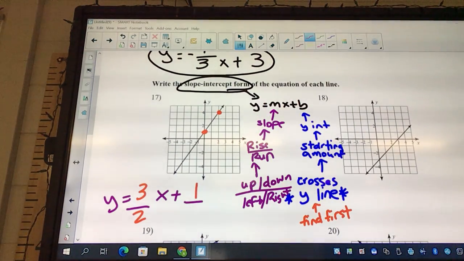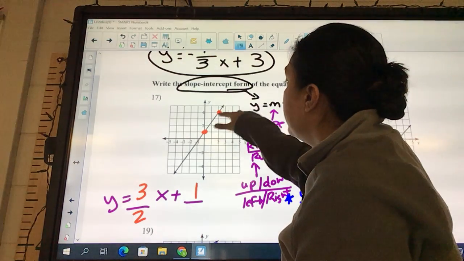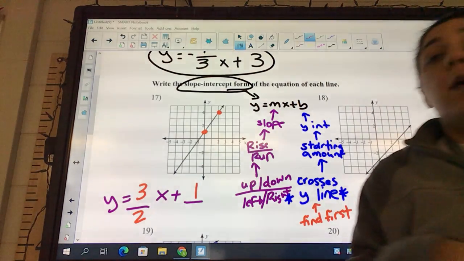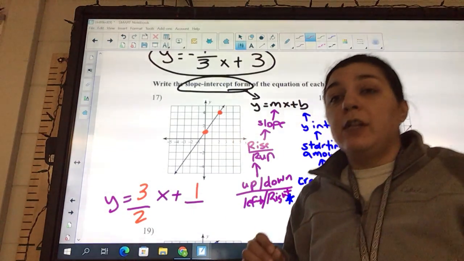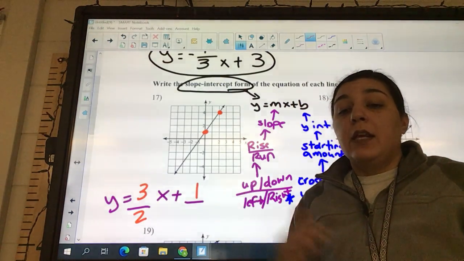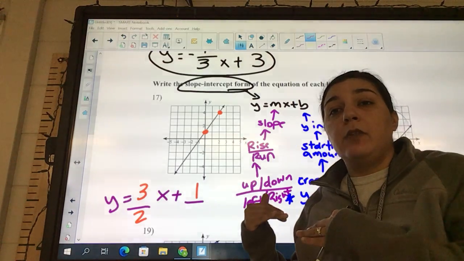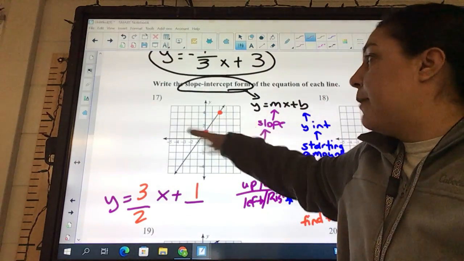And the last thing you need to say is, is this positive or negative? My top arrow is in this box, and if you were not here yesterday, you need to go back through. The sub should have all the papers. They're all on the black cart, and do yesterday's sheet before you try to do today's sheet. If you missed any days this week, you're going to have to do everything you missed before you can try to do these. If you haven't done any slope, you're not going to be able to do this.